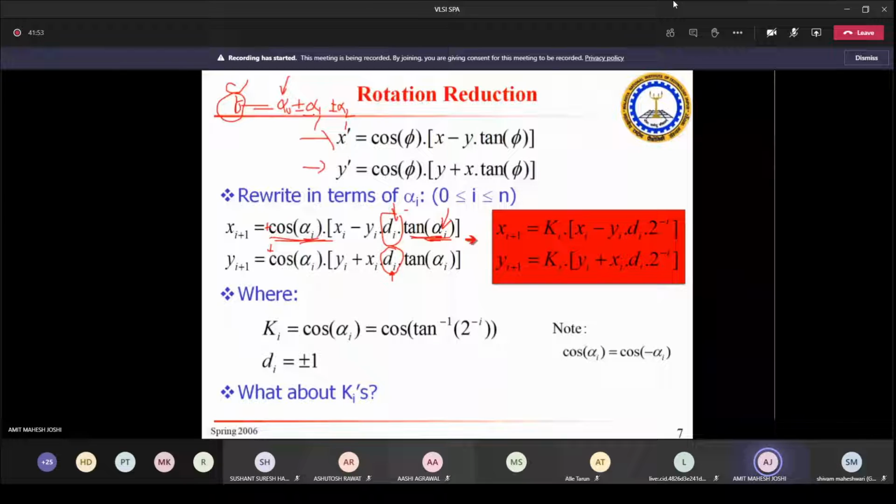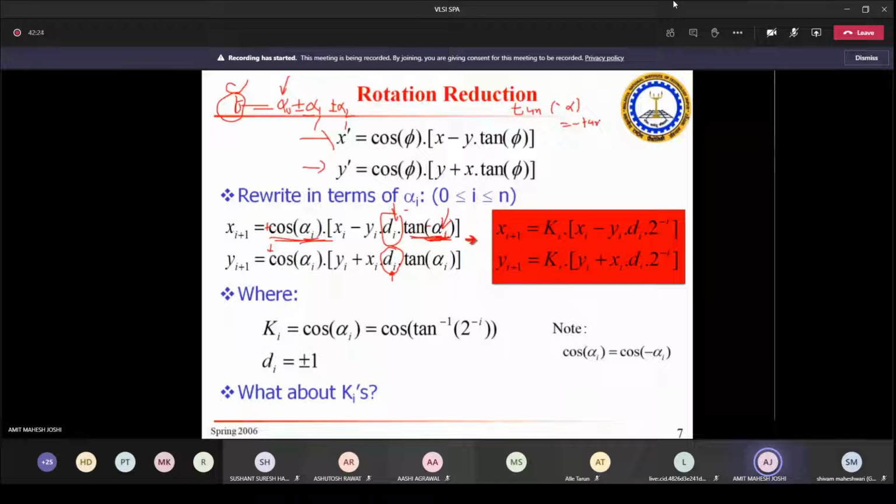So here also, if I consider in general alpha i, let's say alpha 1. If here it is minus alpha 1, then because of this minus alpha 1, you need to remember that tan of minus alpha is nothing but minus of tan alpha.